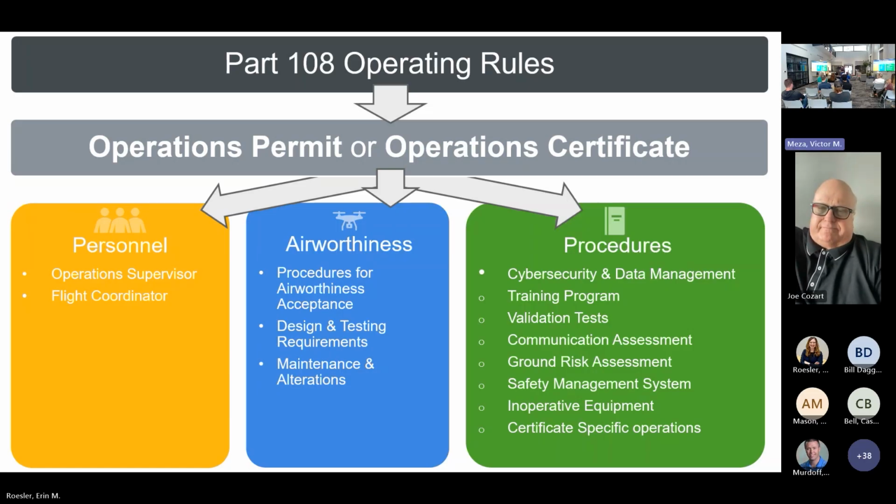And generally speaking, a permit is easier to achieve, but it'll only get you privileges to fly in lower risk airspace, lower risk environments. We'll have some confinement on weight or scale of your operations. You can't have a fleet of 200 aircraft. You might be limited to a fleet of 25 or 100 or whatever, based upon your operating permit.